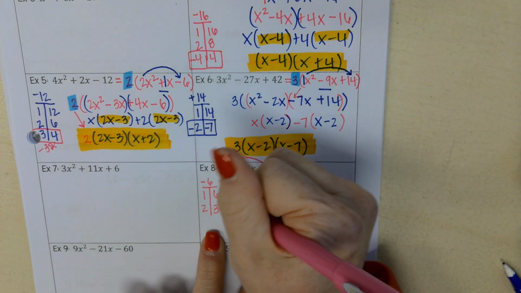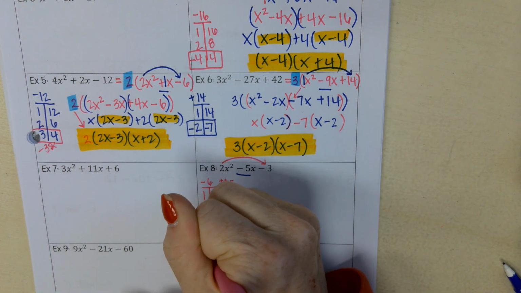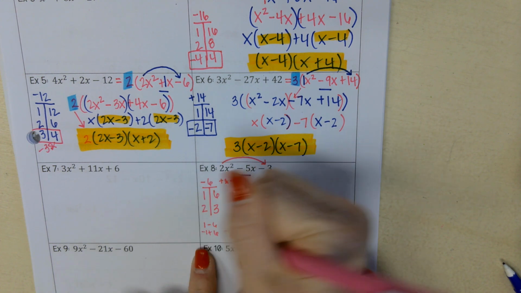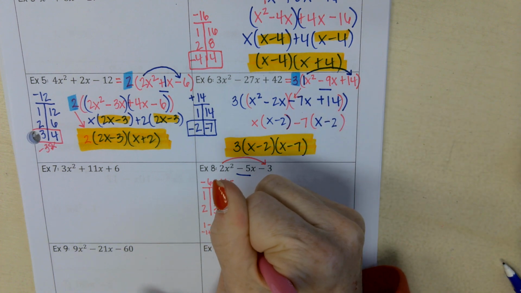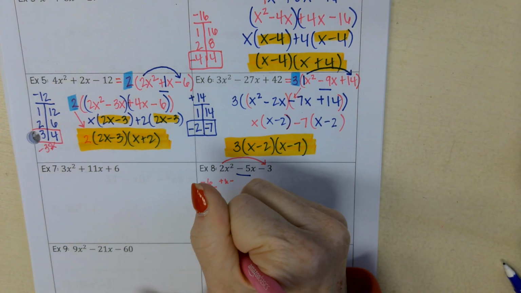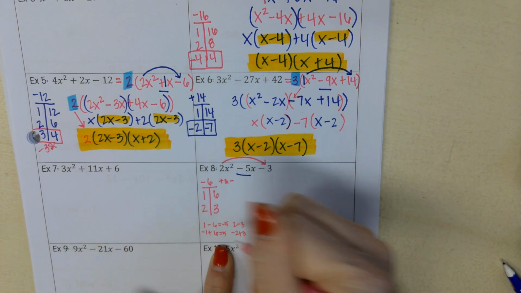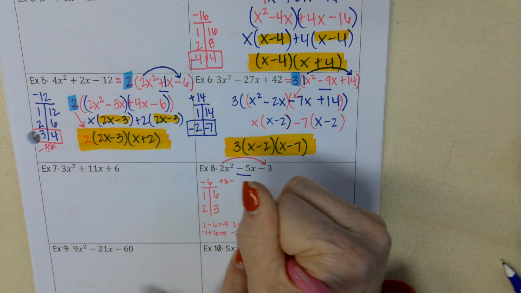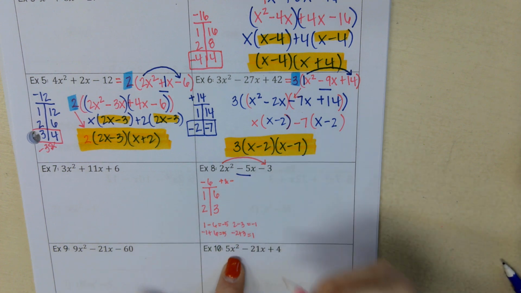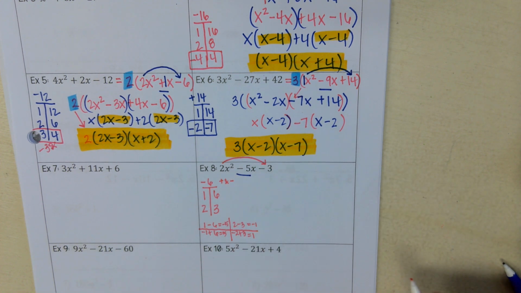So right here, if I did my little number thing, I could do 1 minus 6, negative 1 plus 6, 2 minus 3, or negative 2 plus 3. This gives me a negative 5. This gives me a positive 5, negative 1, and positive 1. These are all my pairs, right?